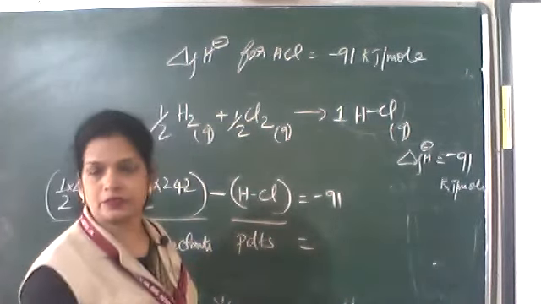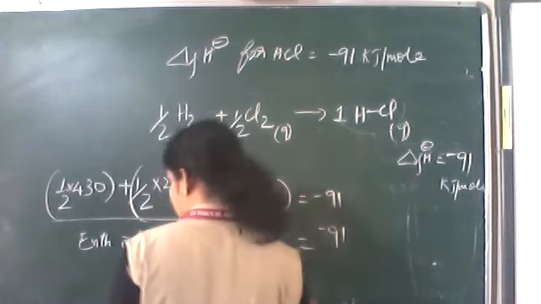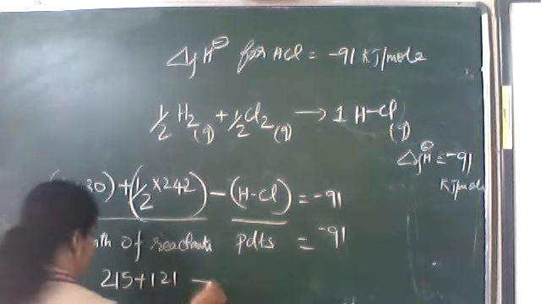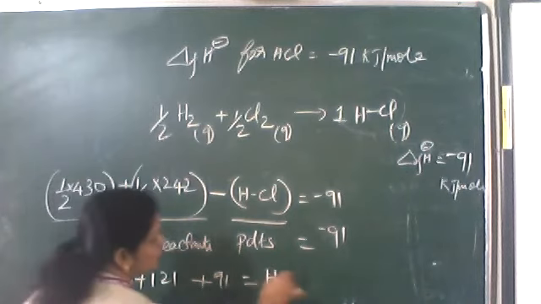Enthalpy of reaction, here it is a formation reaction, minus 91 is given. So we can calculate: half of 430 is 215, plus 121, plus 91 is equal to the bond enthalpy.